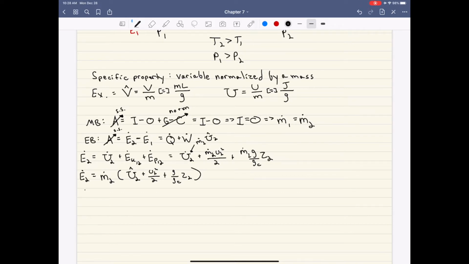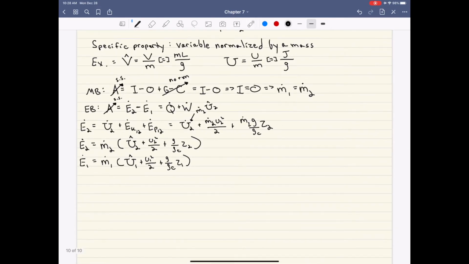I could do the same sort of thing with stream 1, where I have a specific internal energy and also the kinetic and potential energy terms. Alright. So that's what we're going to plug into E2 and E1 here.